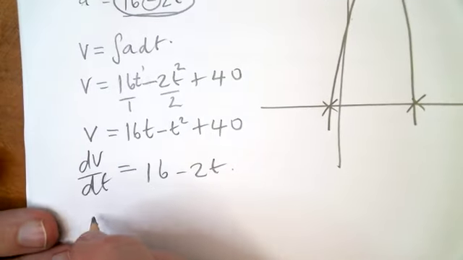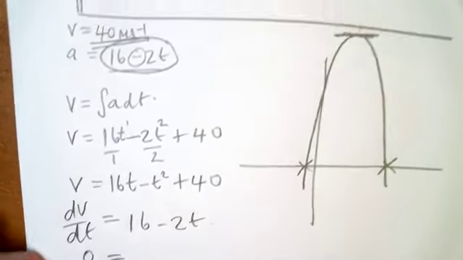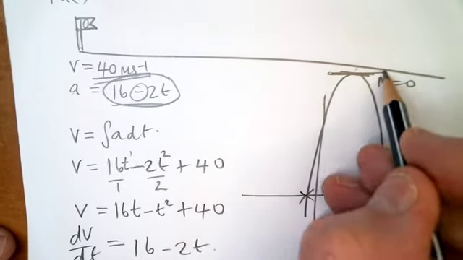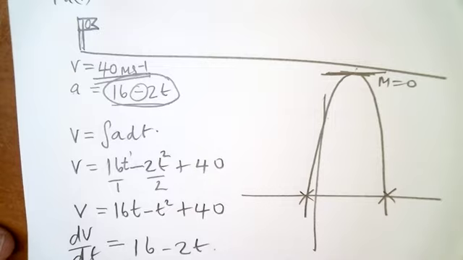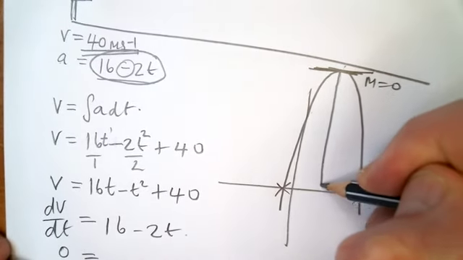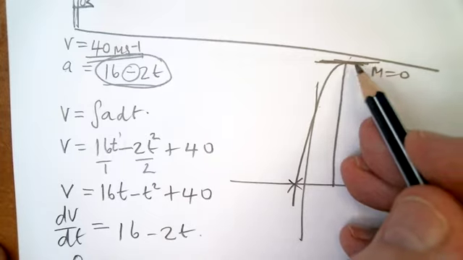Now, if we make that equal to 0, we're going to find where the gradient is 0 at the top here. In other words, we're going to find where this is going to be a maximum, and we would find how high this goes here.